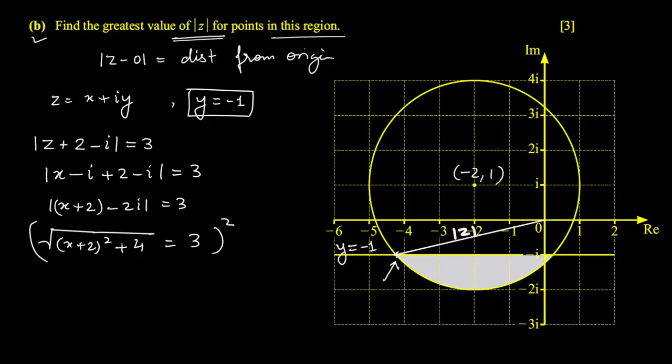If we square both sides, we are left with x plus 2 whole squared plus 1 equals 9, or x plus 2 whole squared equals 9 minus 1.